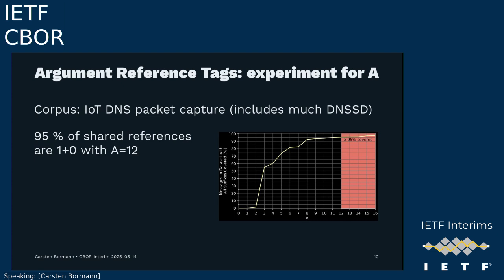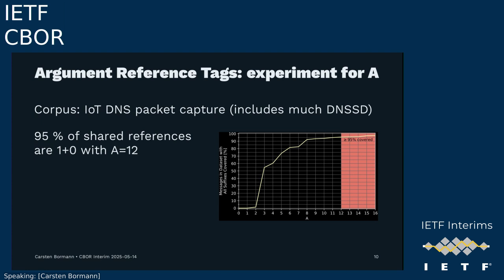The question is, are there more than 16? Well, actually, we have 24 1+0 simple values. Four of them are used for false, true, null, and undefined, so we have 20 left.